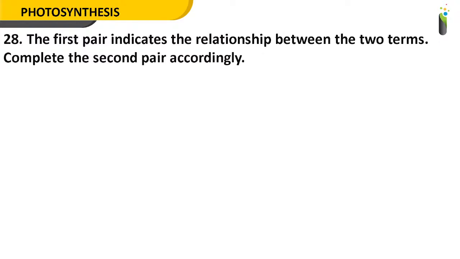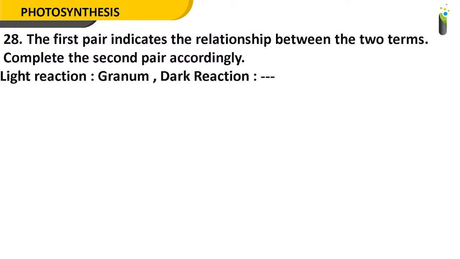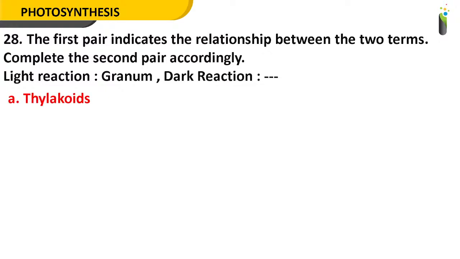Question number 28. The first pair indicates the relationship between the two terms. Complete the second pair accordingly. Light reaction, granum; dark reaction, dash. Now this is quite a simple question, and the options are A, thylakoids, B, lamellae, C, stroma, D, centrosome.